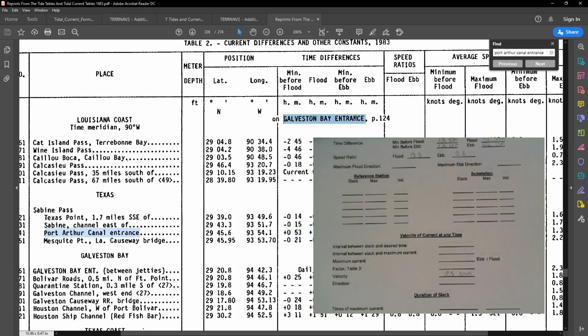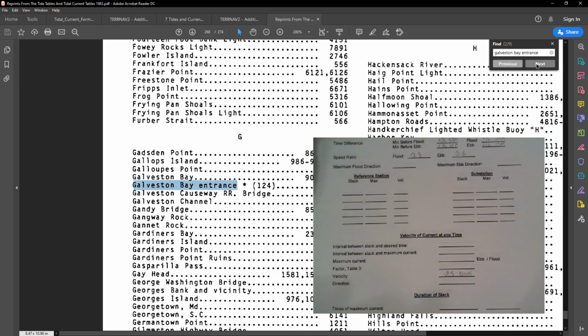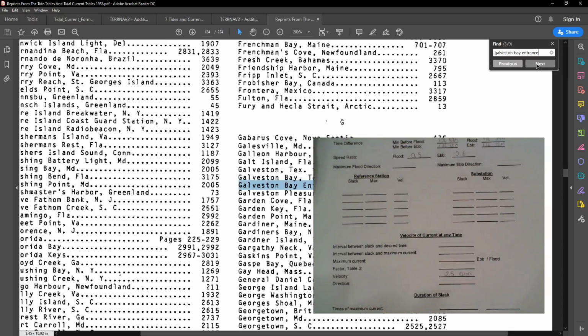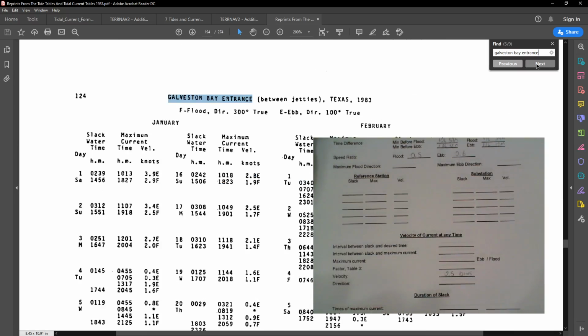So my suggestion is just in that bit of text right there, copying it, putting it right up here. Keep on hitting next till you get to this. And it should line up with the page you copied down, page 124.